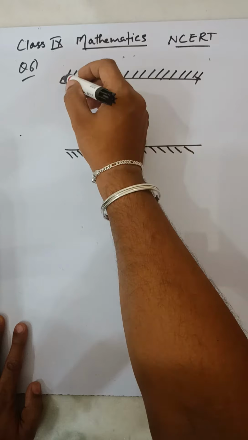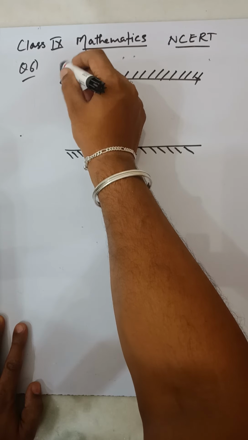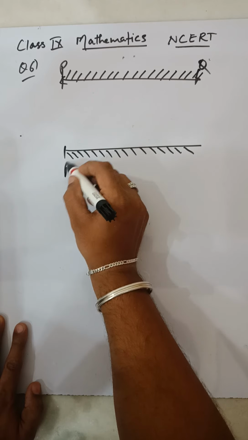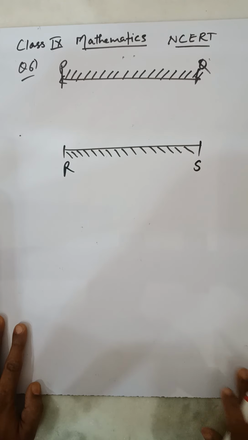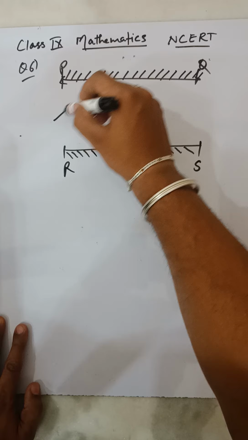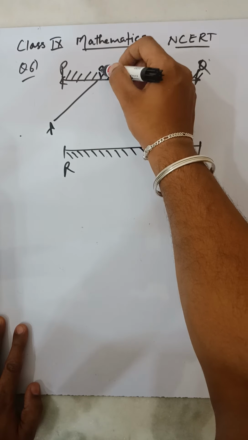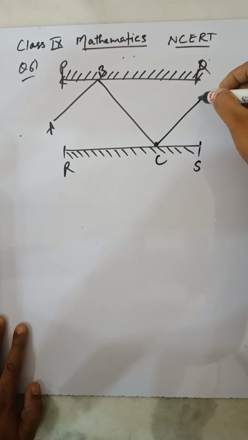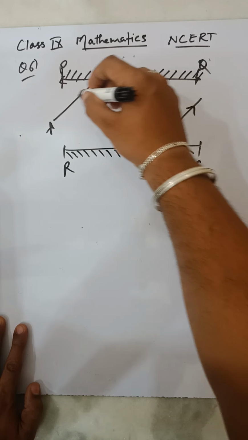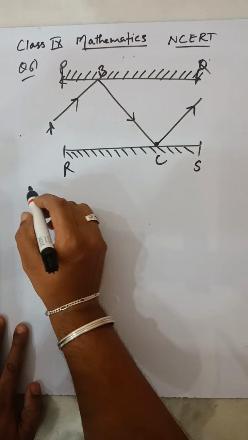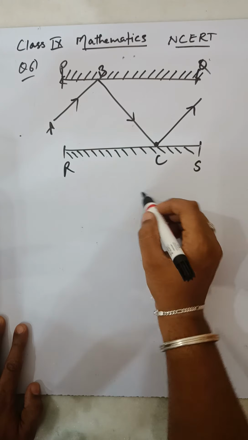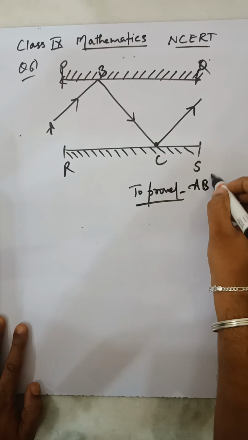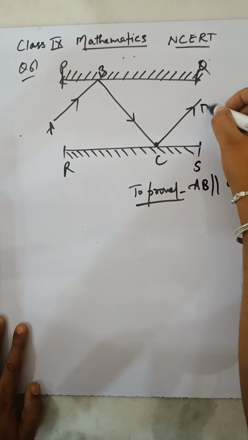One is named PQ and the other RS. A ray AB is incident on it, it gets reflected to point C and then again reflection takes place. In the question we are asked to prove AB is parallel to CD.